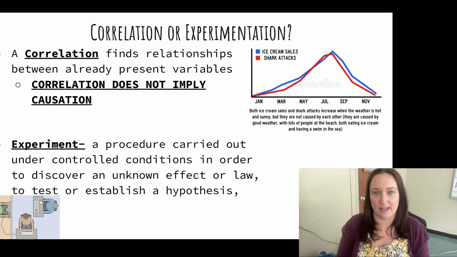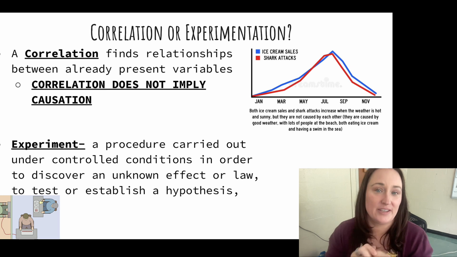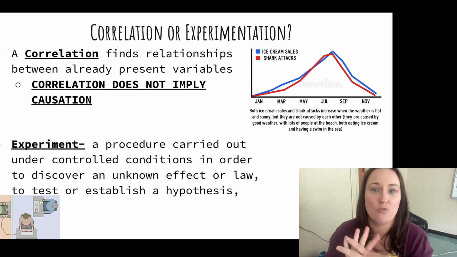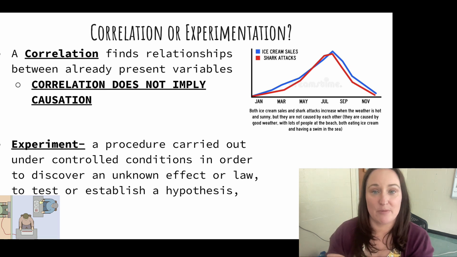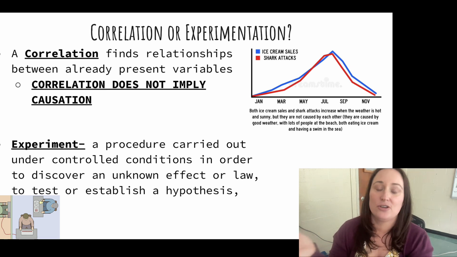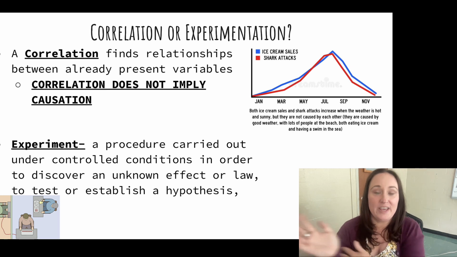We can't put it in a lab, either because it's impractical or because it's unethical. For example, we could take women who are vaping during pregnancy. This is not an experiment we can conduct because that is causing potential harm to the mother and the unborn child. So we can't do that as an experiment for ethical reasons.